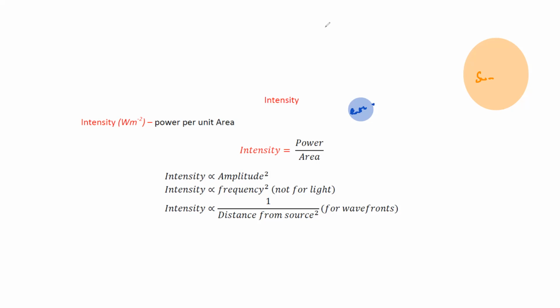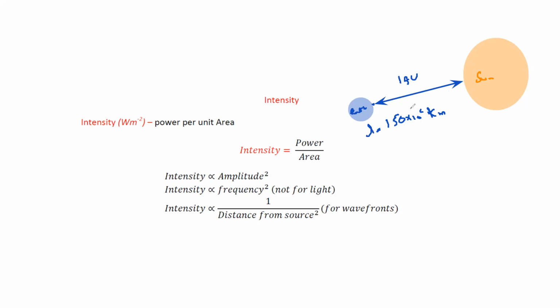So the distance between the sun and earth is about 1 astronomical unit, or in kilometers, about 150 exponent 6 kilometer. This is the distance, so that is d.